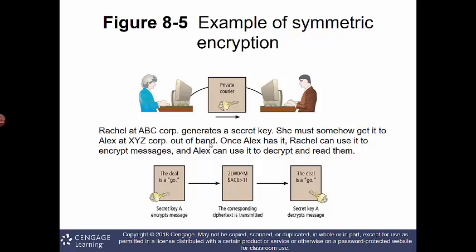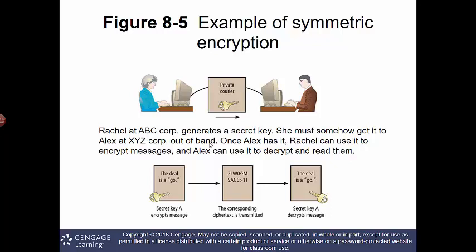So if they're going to send, let's say, emails back and forth across the internet to each other, then they don't want to send the private key across the internet as well, because someone could potentially steal it across the internet and then use it to decrypt the messages that are going across the internet too.